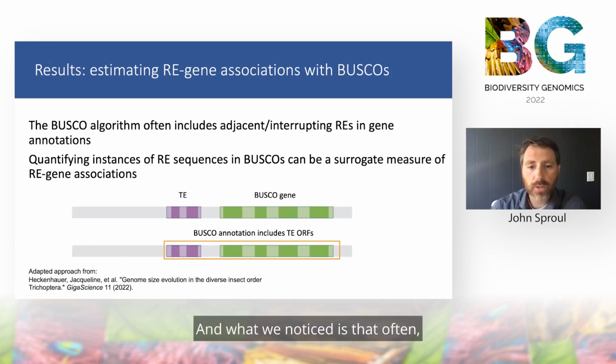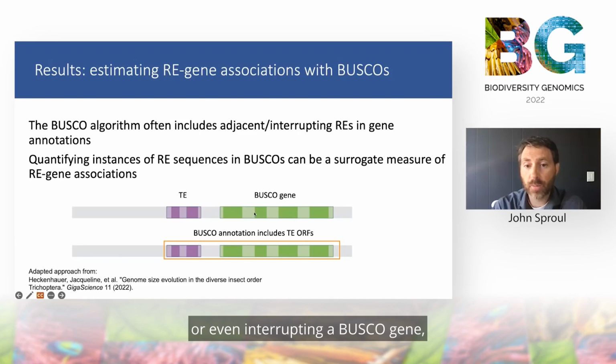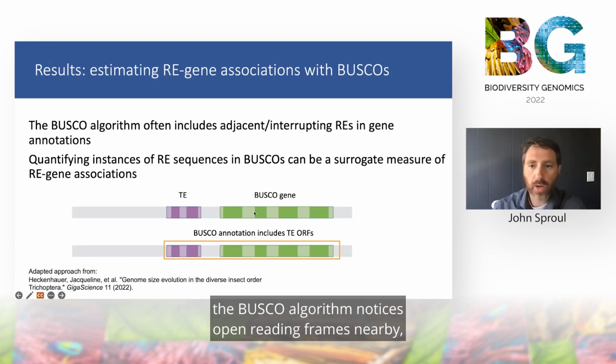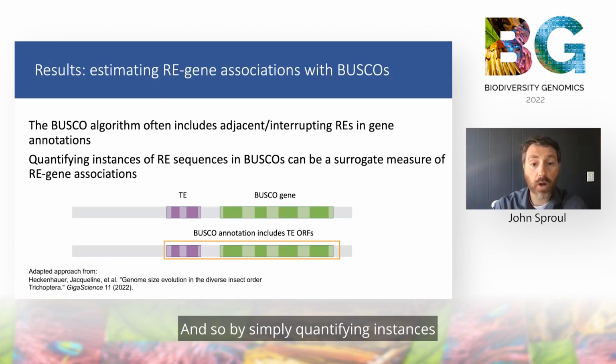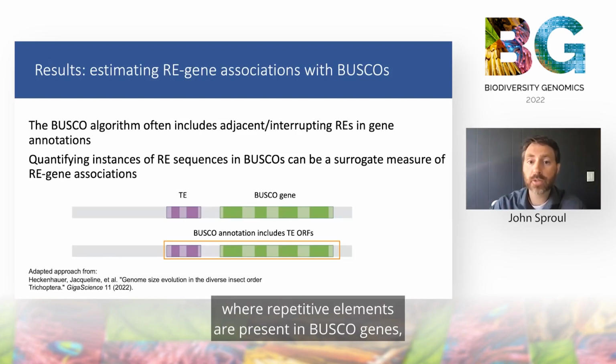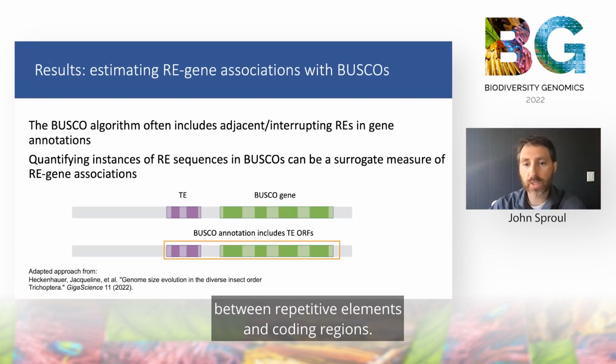And what we noticed is that often when transposable elements are immediately adjacent or even interrupting a BUSCO gene, the BUSCO algorithm notices open reading frames nearby, and it often just lumps those into its BUSCO annotation. And so by simply quantifying instances where repetitive elements are present in BUSCO genes, that actually gives us a standardized surrogate measure for associations between repetitive elements and coding regions.